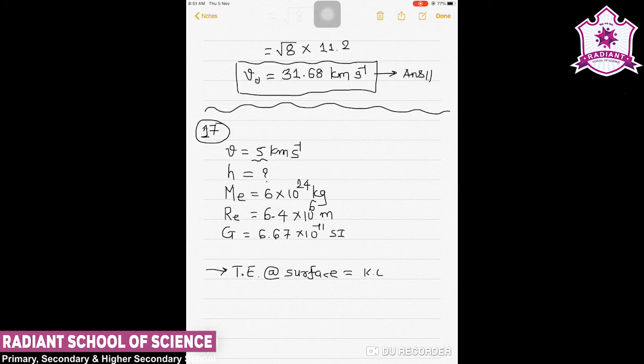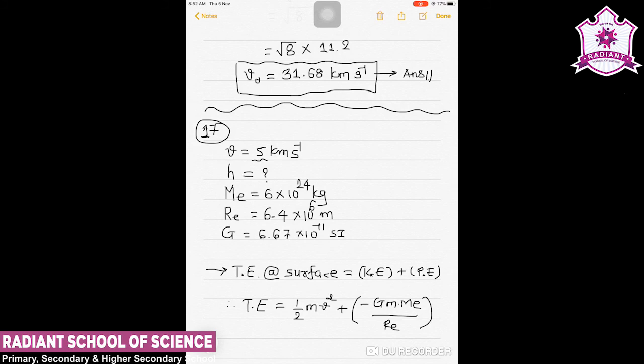Therefore the total energy on the surface is 1/2 mv square, because it is fired with some velocity, plus its potential energy, minus G m me over Re, where small m is the mass of the rocket.